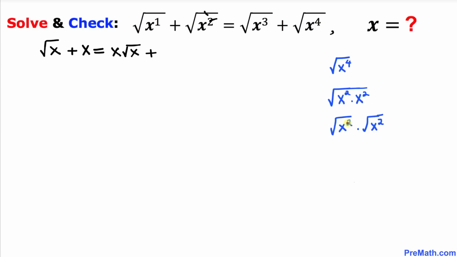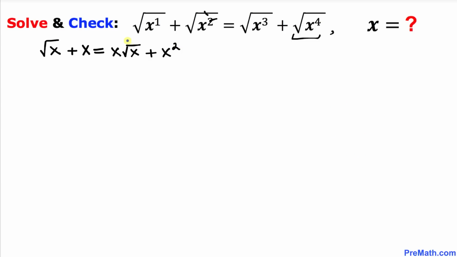Now we can see the square and square root undo each other. Likewise, for this one, the square and square root are gone. So that gives us x times x. Now x times x is the same as x^2. So we can write this part as simply x^2.